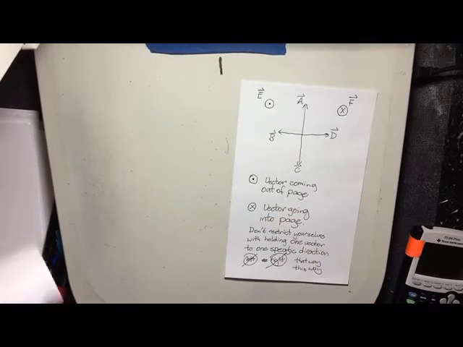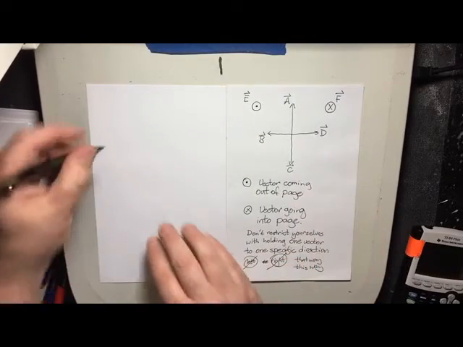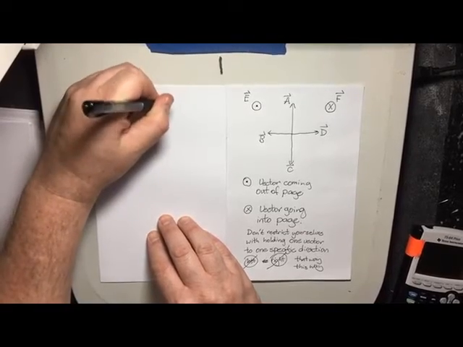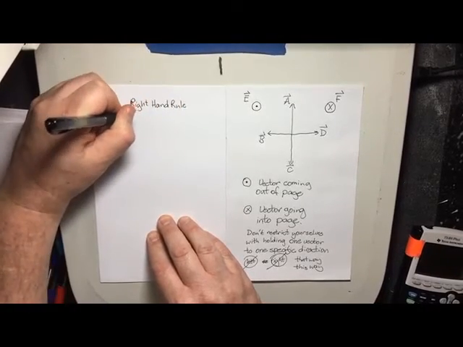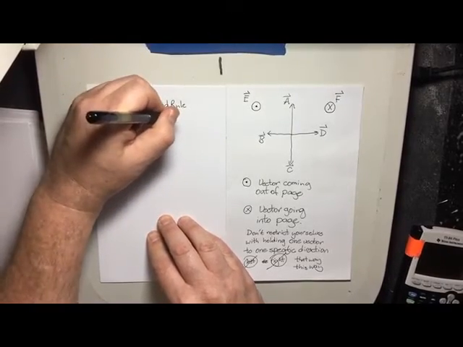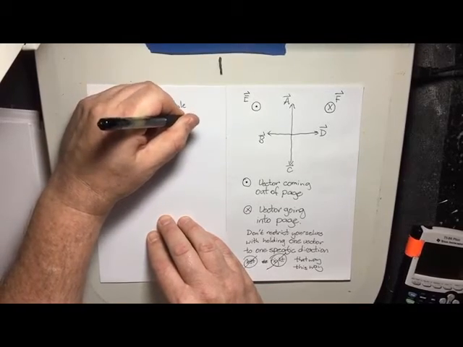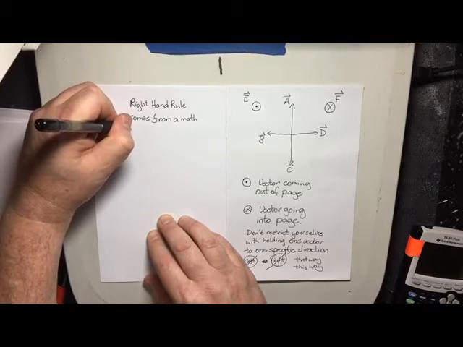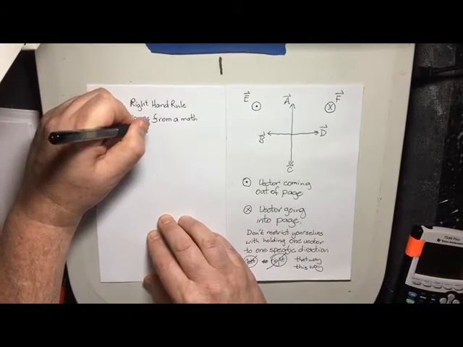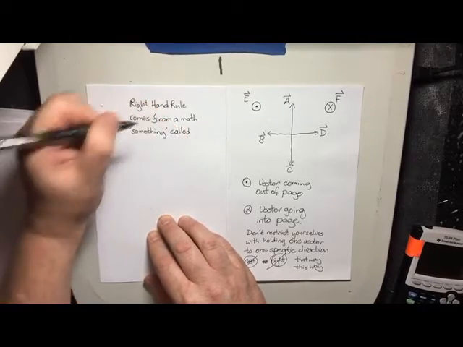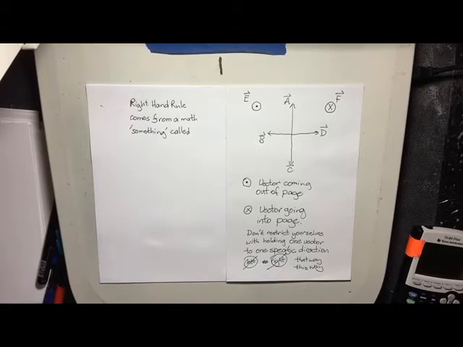Now, the right-hand rule comes from a math, trying to think of the right word, a math phrase or something called, now what we're going to do is I'm going to present you with two choices.